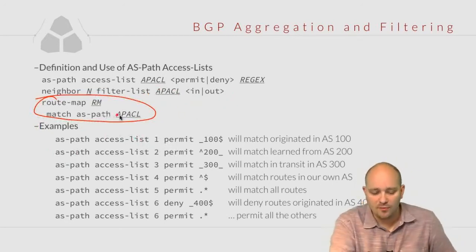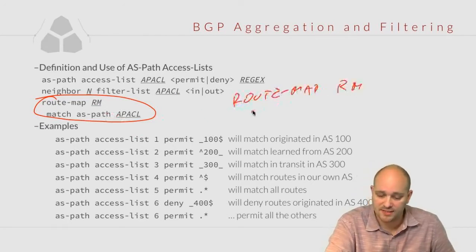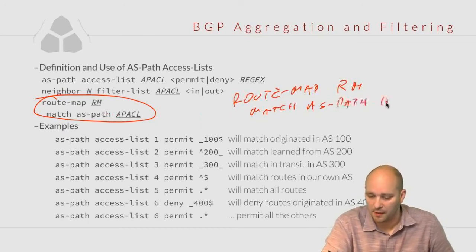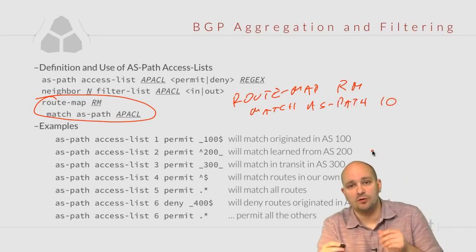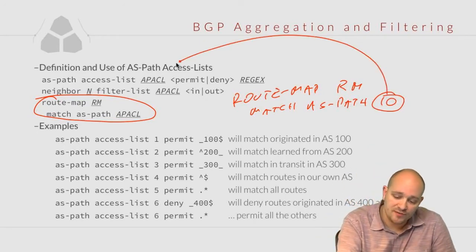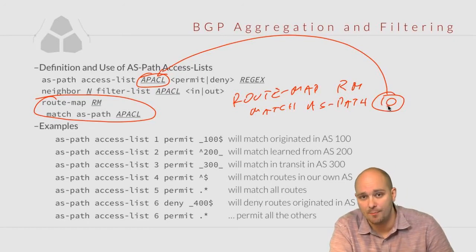So if you are using a route map, and we say match as-path 10, it's very, very confusing that this number 10 actually references the AS path access list, not the actual AS number.